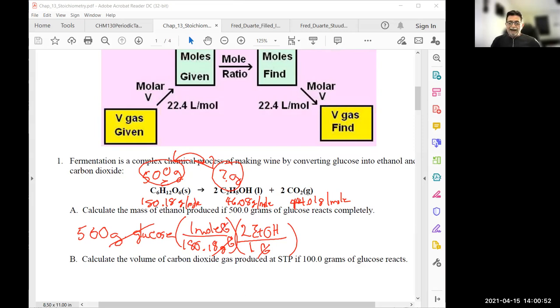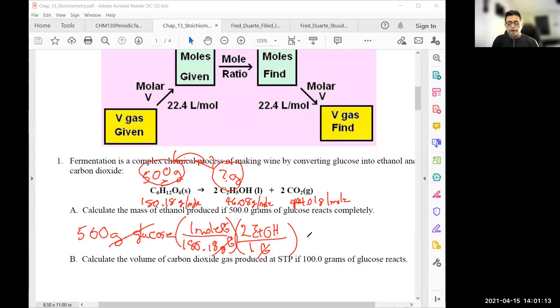So now I'm at the moles of ethanol. So I went from grams of glucose, the first factor gives me moles of glucose, and the second factor now puts me into moles of ethanol.